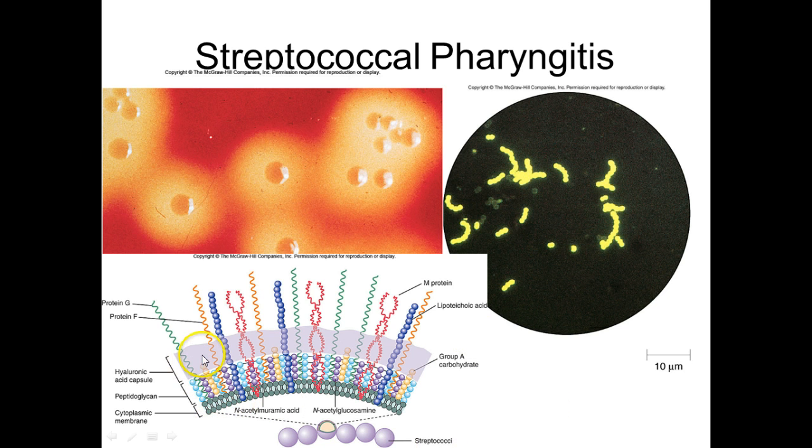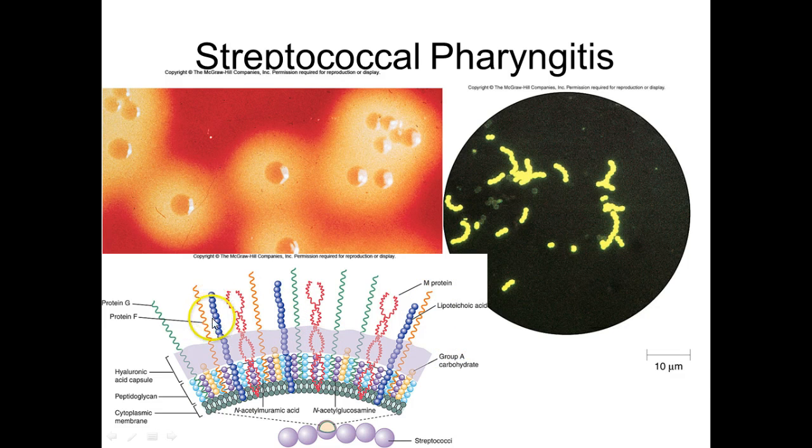It has a capsule, a special hyaluronic acid capsule. This particular type of capsule really interferes with our immune system with phagocytosis, stopping them from being tagged by C3b.